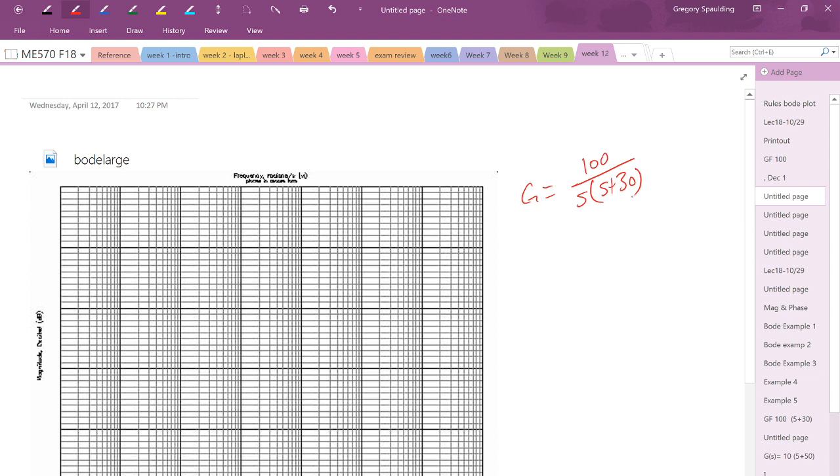Okay, and so in this case, we calculate our DC gain, and remember, we're going to ignore any free s's, and so our DC gain is going to come out to be the same as it was before.